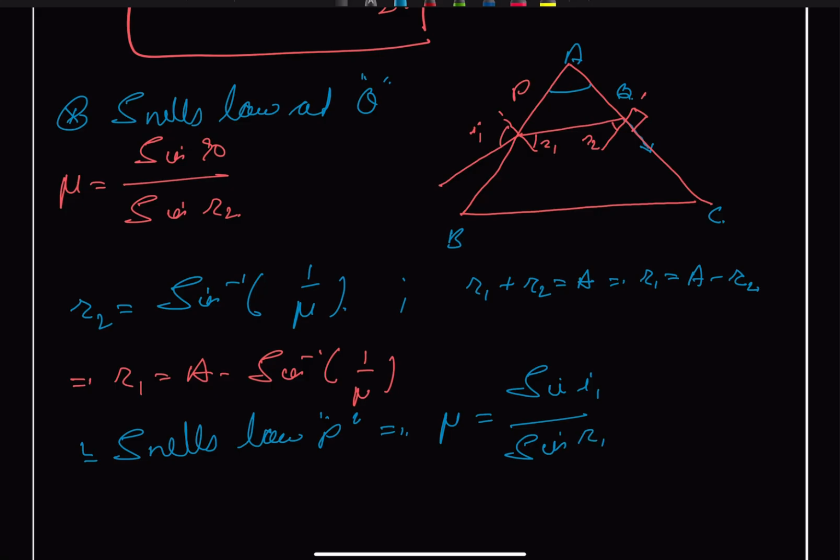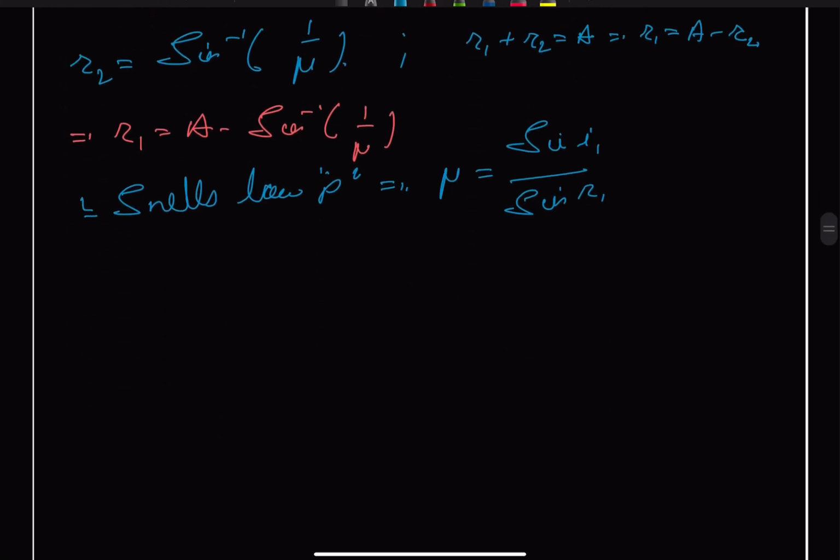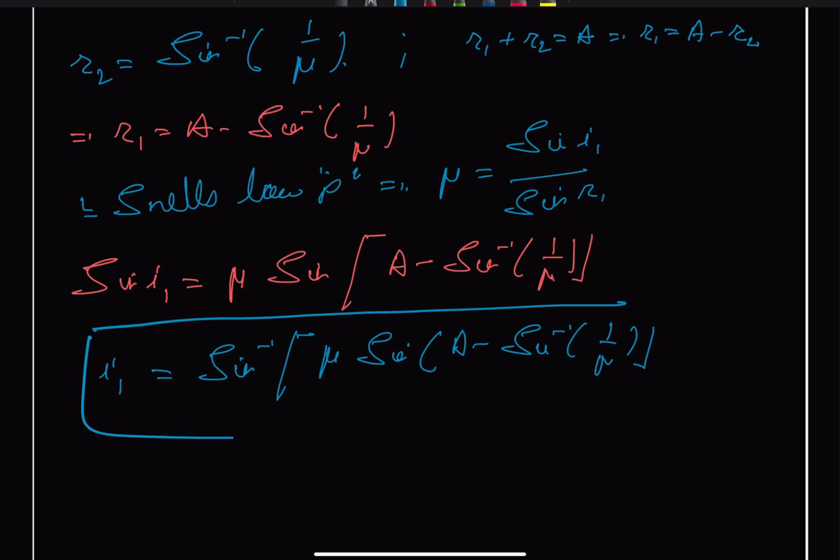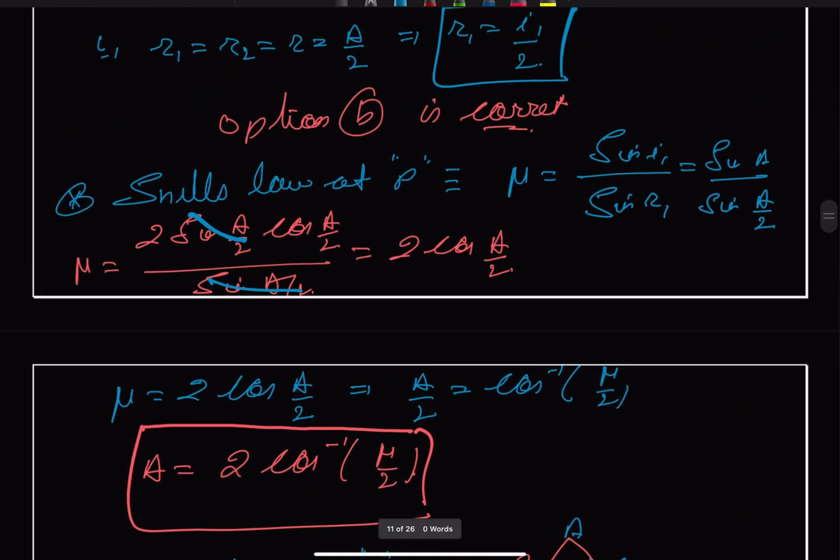R1 we just found out, we substitute the value, and from here we get that sine of I1 is equal to mu times sine of, we substitute the value of R1, which is A minus sine inverse 1 upon mu, and this gives us that I is equal to sine inverse of mu sine of A minus sine inverse 1 upon mu. So this is our angle of incidence.